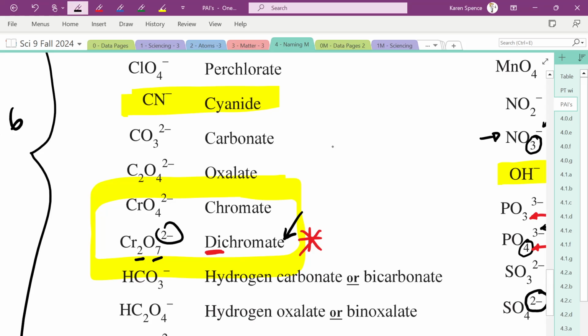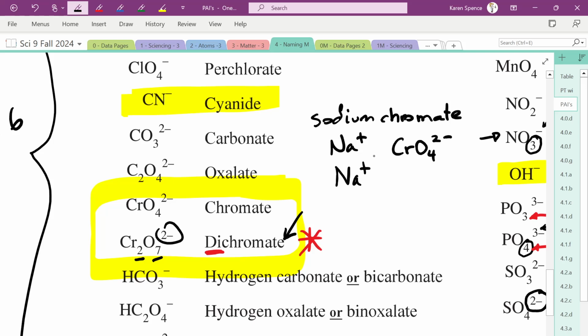So if I had sodium chromate, sodium is Na+, chromate is CrO4 2-. I would need to have 2 sodiums and a chromate, so that would be Na2CrO4, and that would be it.